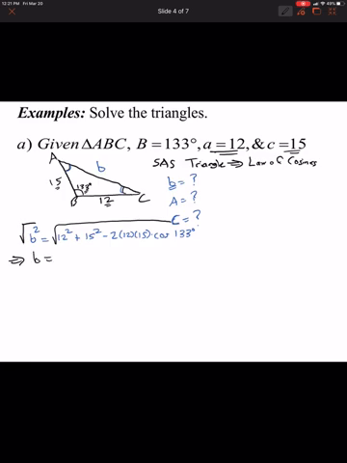So B is equal to the square root of 12 squared plus 15 squared minus 2 times 12 times 15 times the cosine of 133 degrees. And let's go ahead and round it to the nearest whole number as we plug that into our calculator. So we can get our calculator out, and we'll plug that in together.